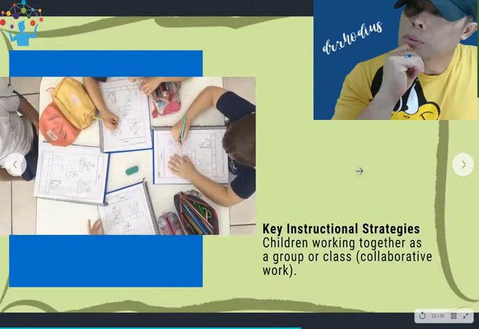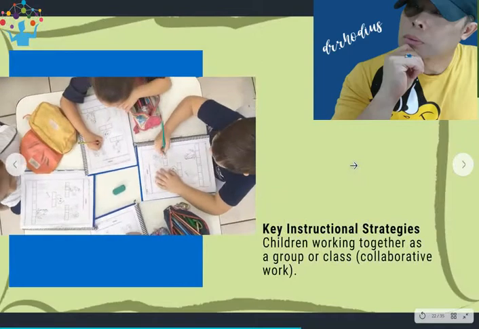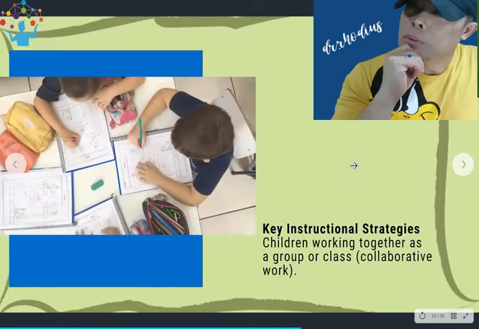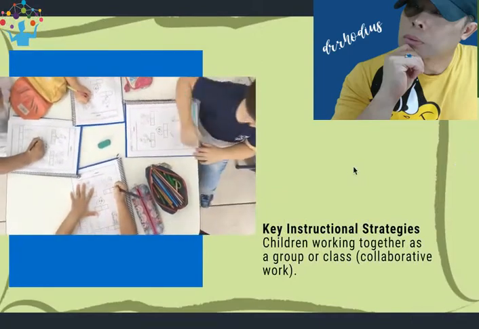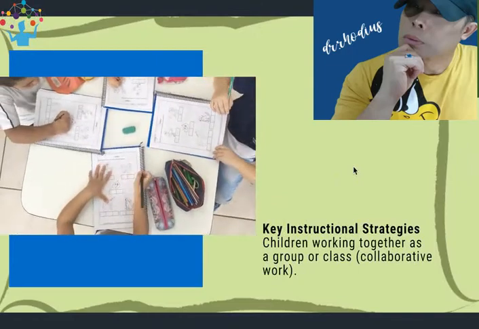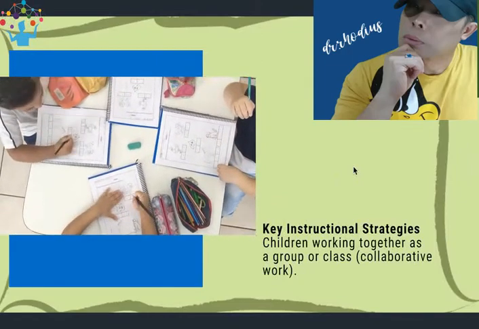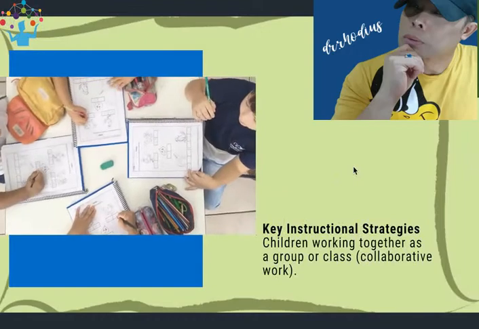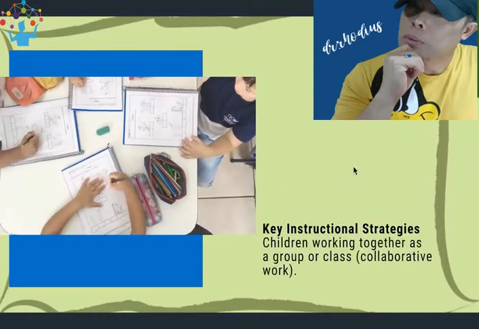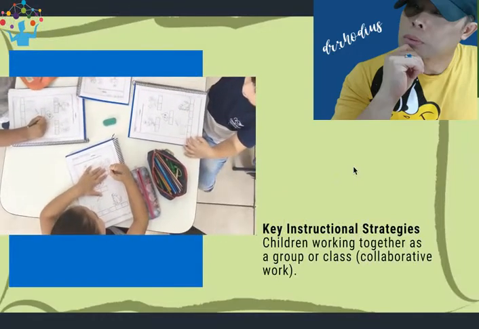Next, let's get into more specific instructional strategies in using the constructivist theory of learning. You're very much familiar with this one. Children work together as a group or a class, in collaborative work. In constructivism, they maximize group work.